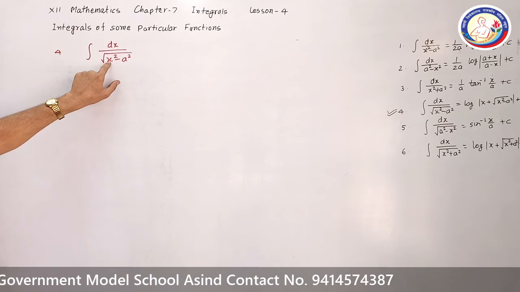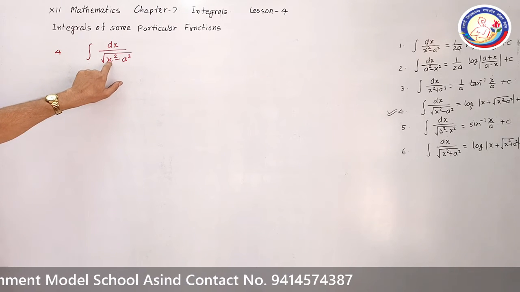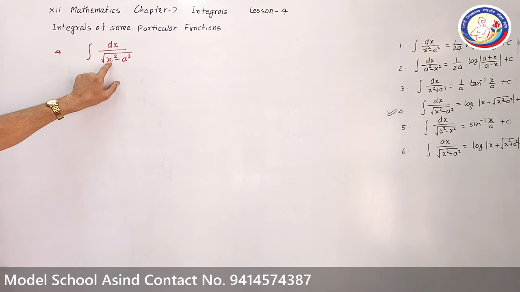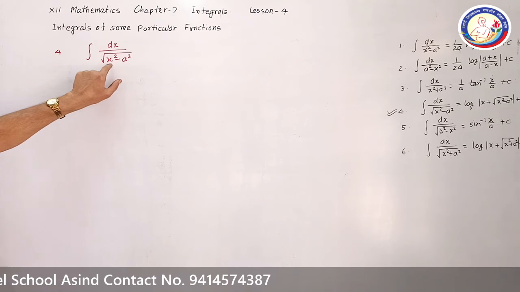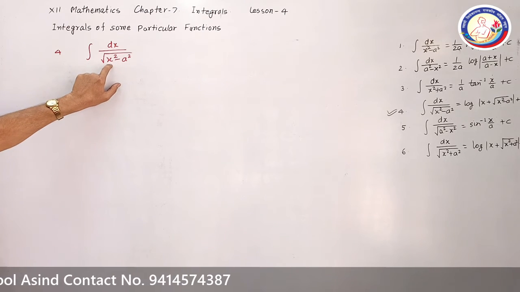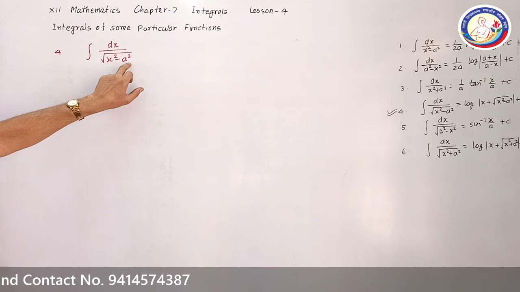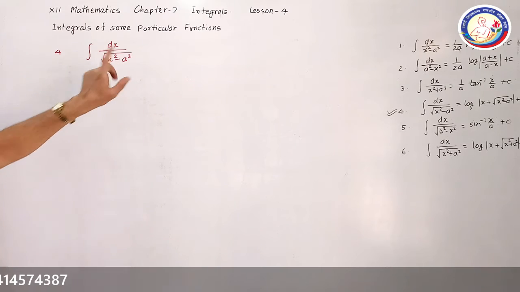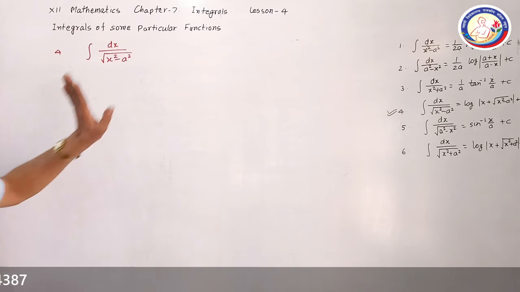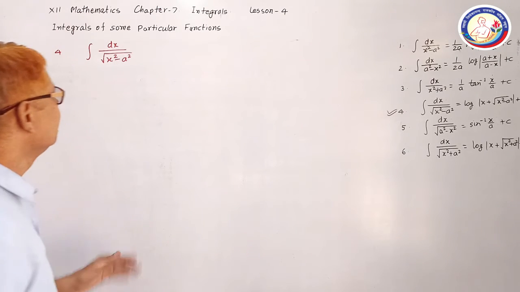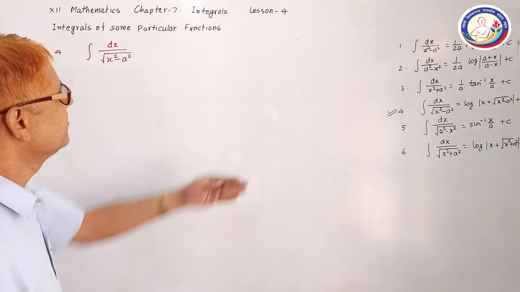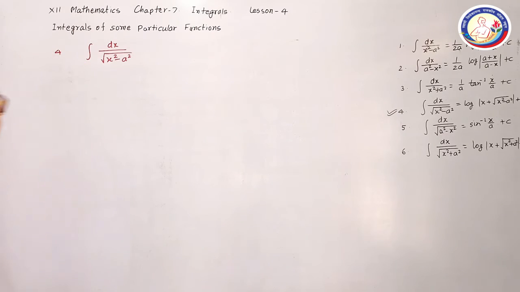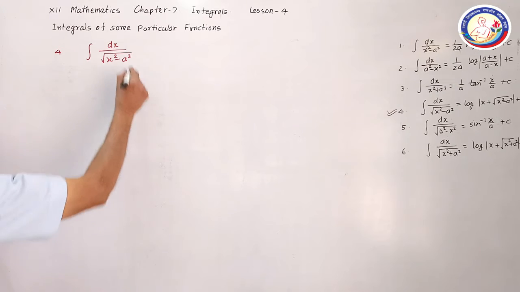If we put a sine theta in place of x, it will be a square sine square theta minus a square, and with minus sign it will be cos square theta, and we can't solve it further because square root of negative terms can't be found, and that is not suitable for us. So go for another selection.